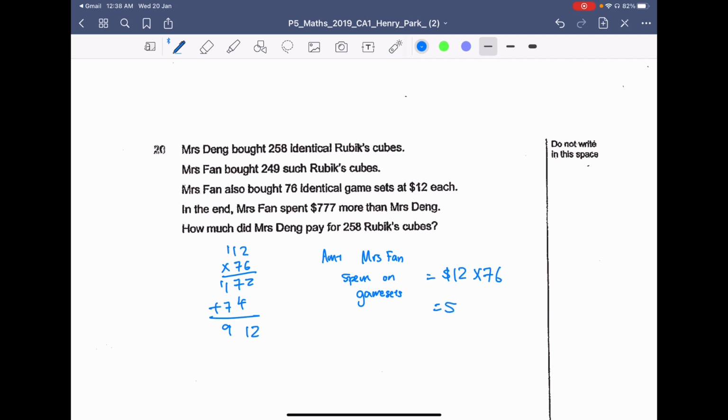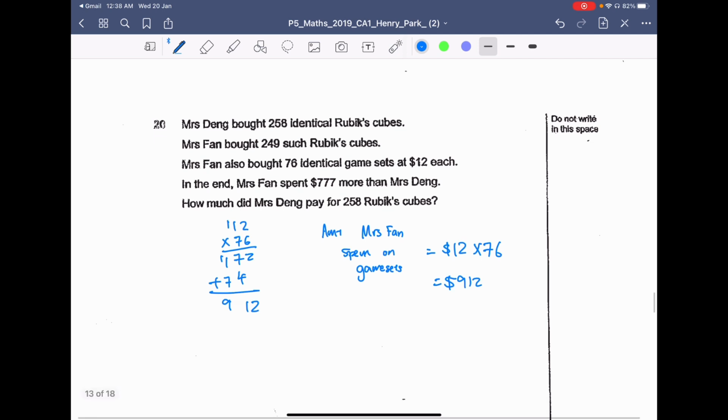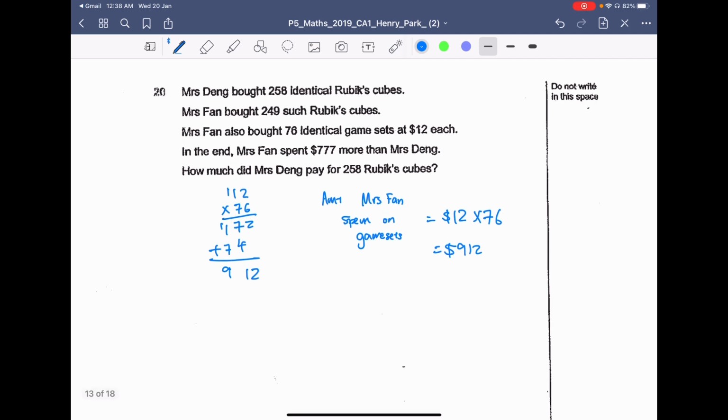The answer will be $912. Then after that, you can draw a model.